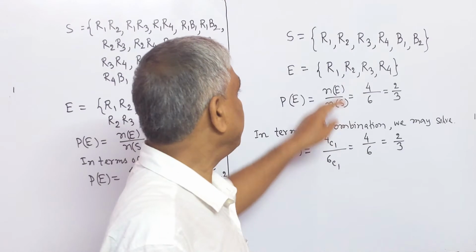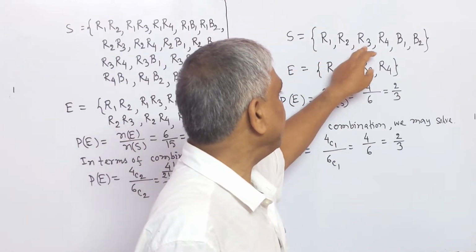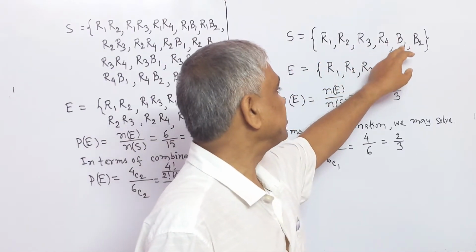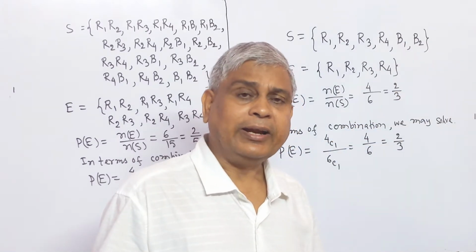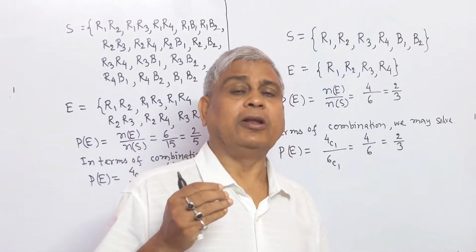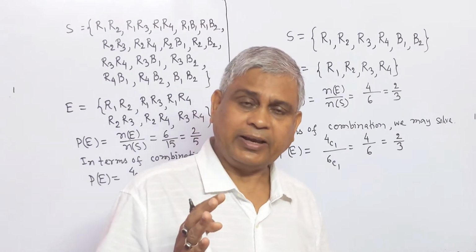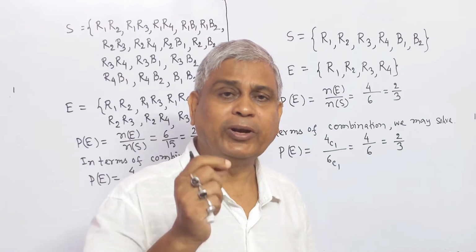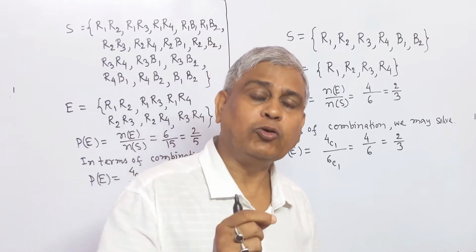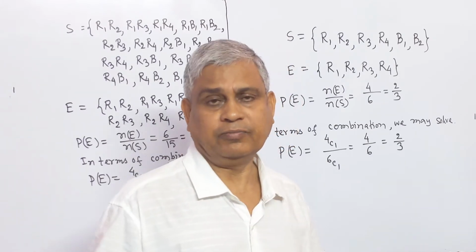Red balls are denoted by R1, R2, R3, R4 and black balls by B1 and B2. Let us draw a ball from the bag. Then we have to find the probability that the ball will be a red ball.